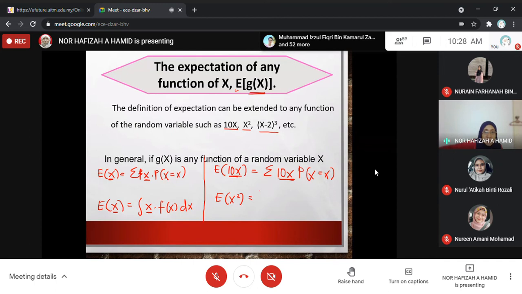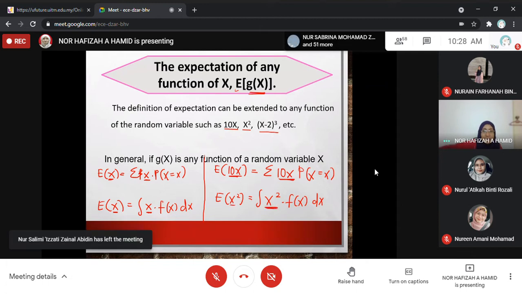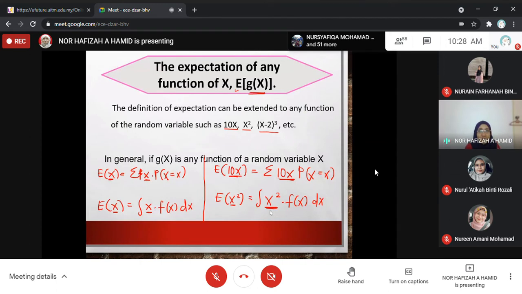Kalau ex square, then dia akan jadi x square lah. X square times with the function fx. So function fx kita tak ubah. Okay, dia sama je, tapi kita hanya ubah pada yang dekat depan ni. Okay, variables yang you nak multiply with the function fx. Okay, so ini formula on how to find the expectations of any function.